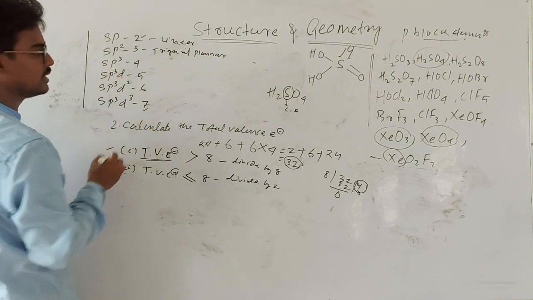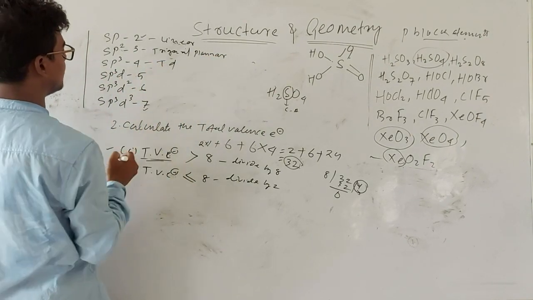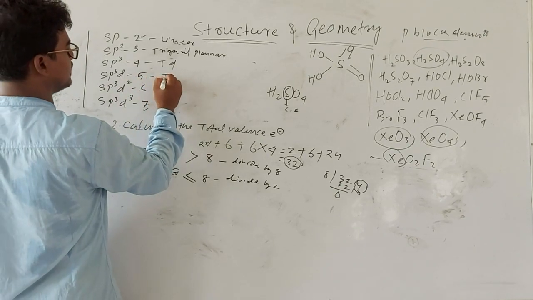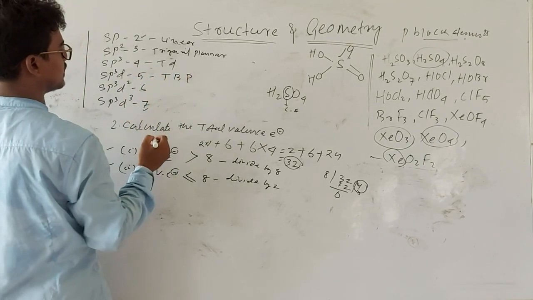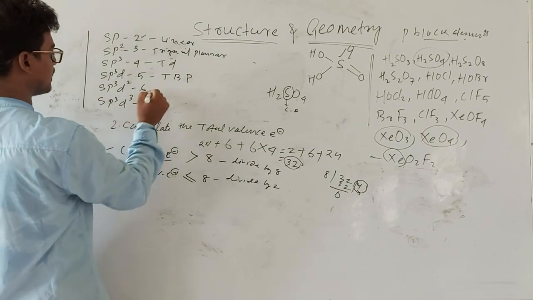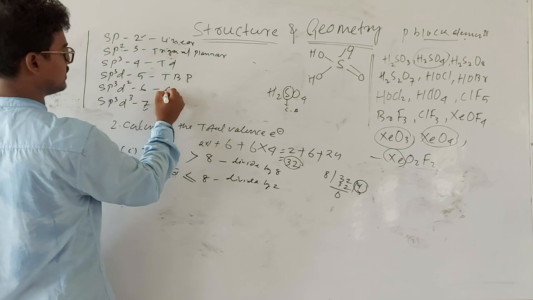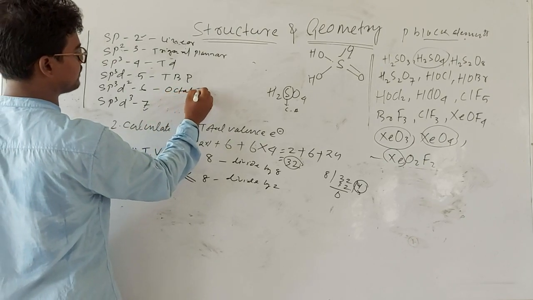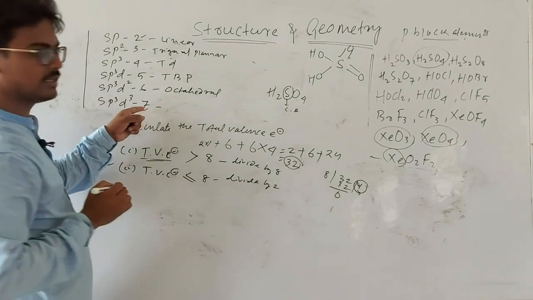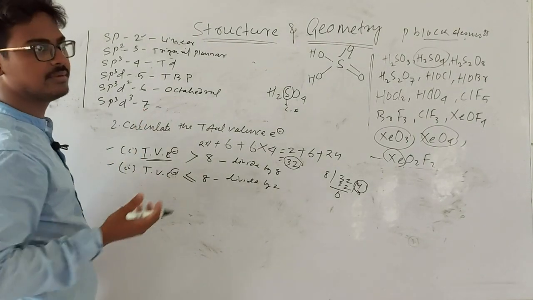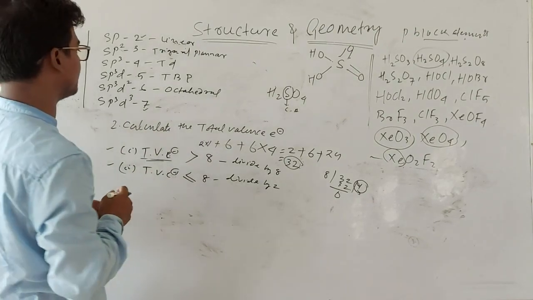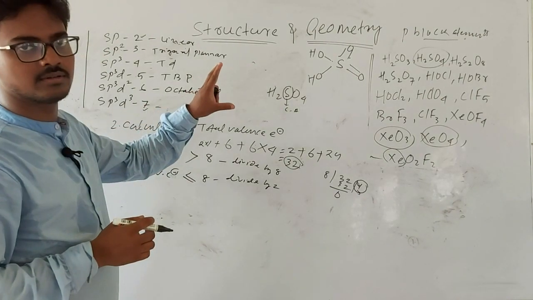For sp3, it is tetrahedral. For sp3d, it is trigonal bipyramidal, and for sp3d2 it is octahedral. For sp3d3, for 7, it will be distorted octahedral or maybe pentagonal bipyramidal. It will come according to the structure.